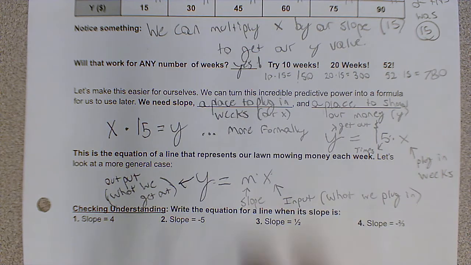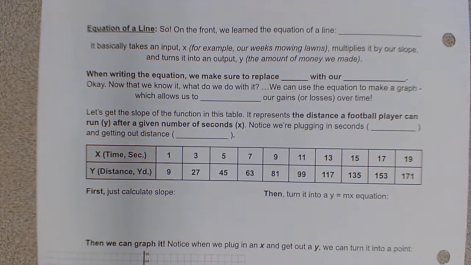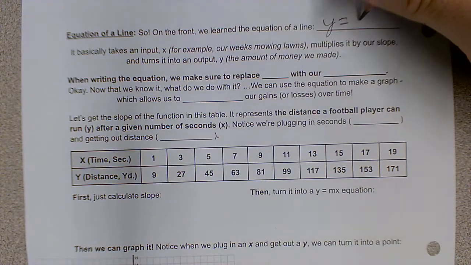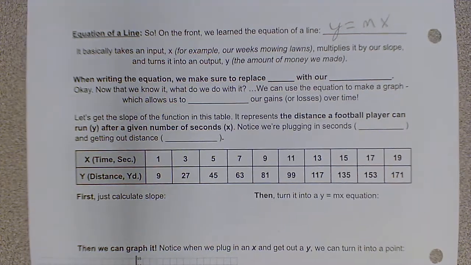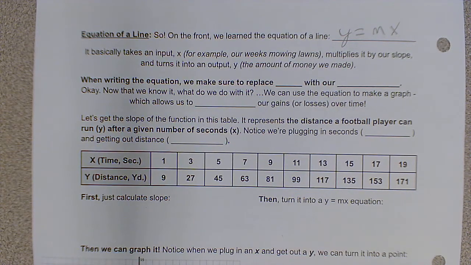All right, let's flip over. So, on the front, we learned the equation of a line, y equals mx. It basically takes an input, for example, our weeks in mowing lawns, multiplies it by our slope, and turns it into an output, y, the amount of money we made.